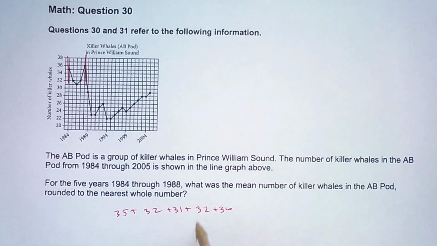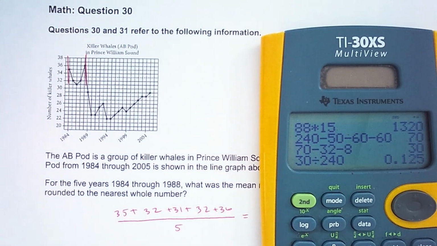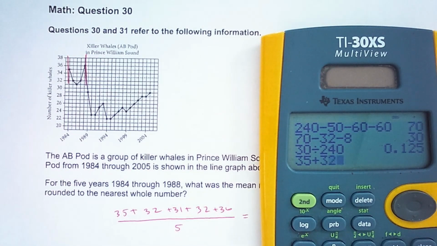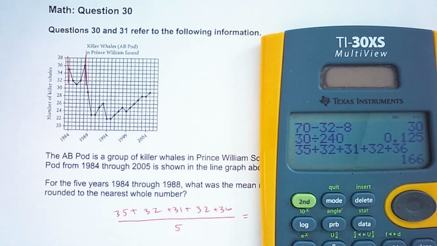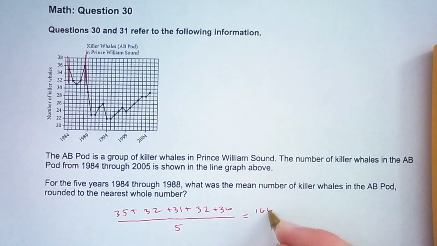Okay, so this will give me the sum, but then divide by the number of numbers, which is 5 for 5 years here. And that will give us the average. So we have 35 plus 32 plus 31 plus 32 plus 36 for a total of 166 divided by 5. So we've got 166 over 5, and that is 33.2.